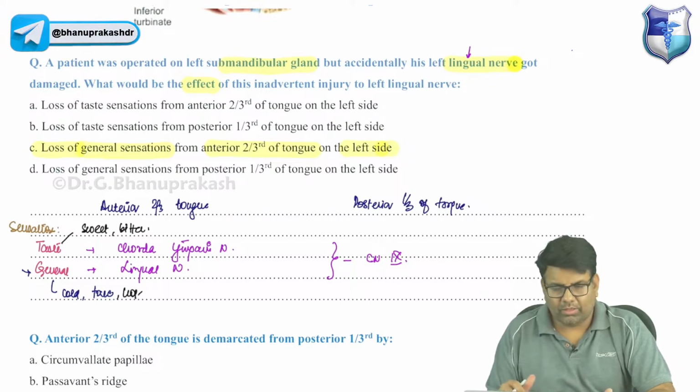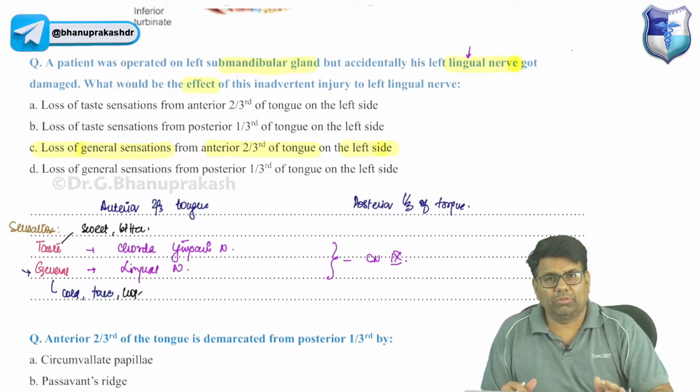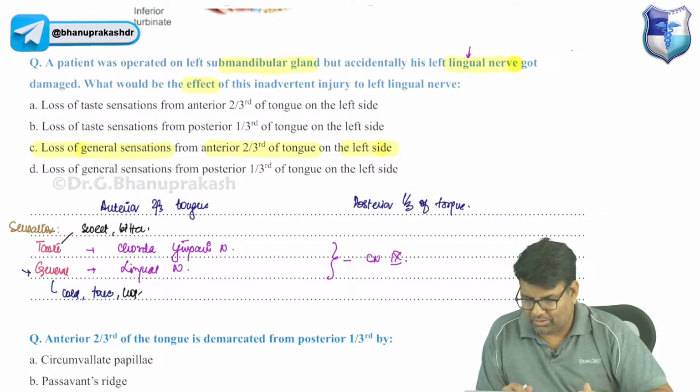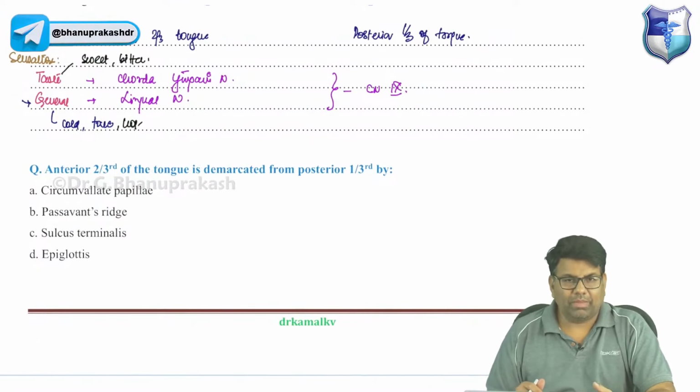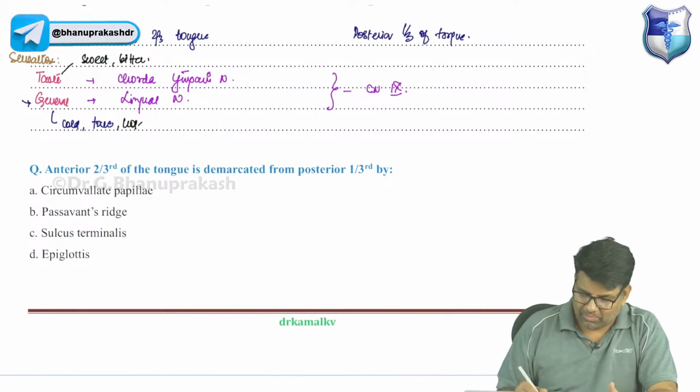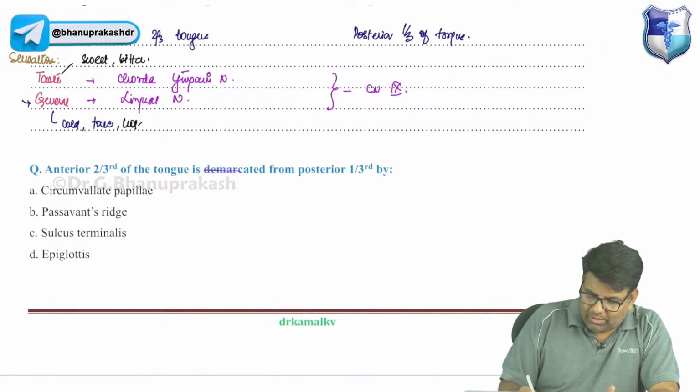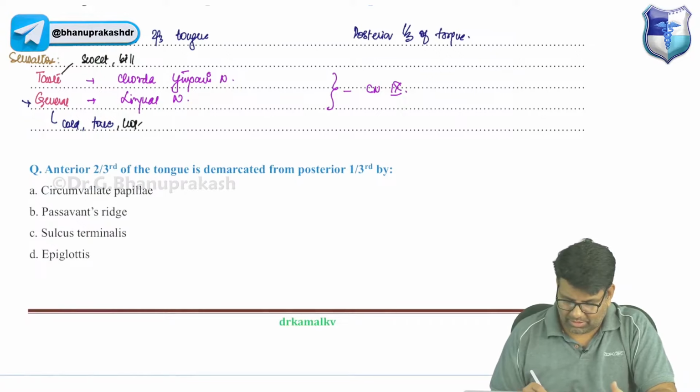This is how the differentiation has been done for anterior two-thirds and posterior one-third. Now, what is the landmark which says that this is anterior two-thirds and this is posterior one-third?